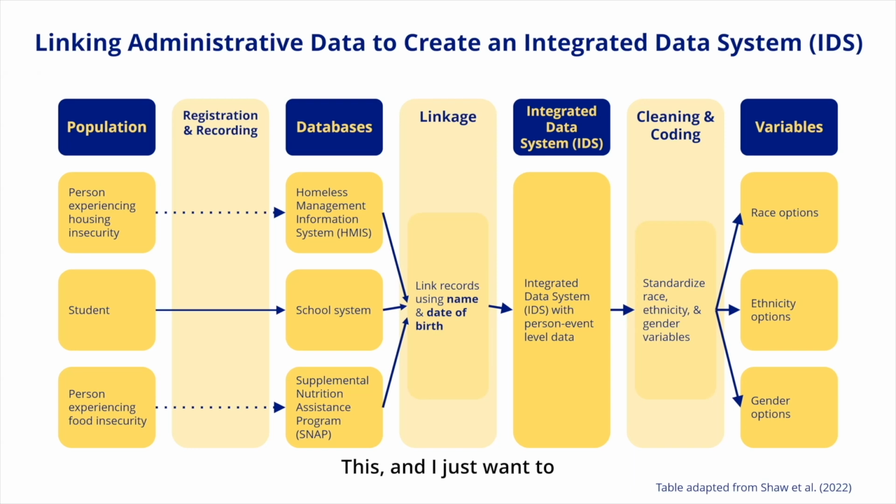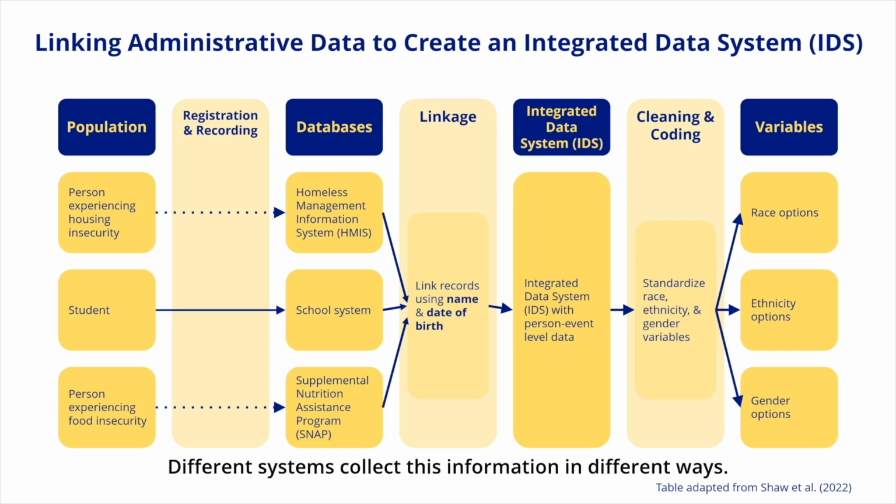And I just want to say, I also understand that sometimes names do change. This linking is what creates our integrated data system. From there, we can do all sorts of cleaning and coding to look at the variables of interest. Here we focus on race, ethnicity, and gender. One big challenge with linked administrative data is how race and gender get recorded.